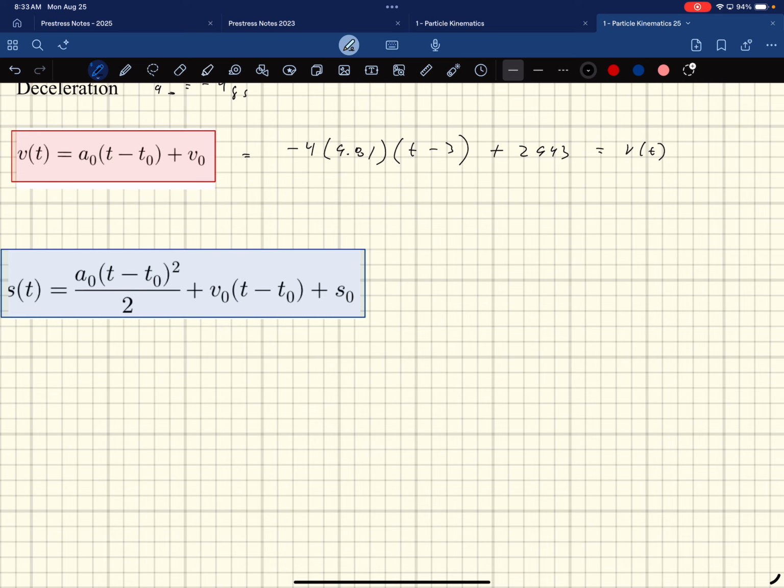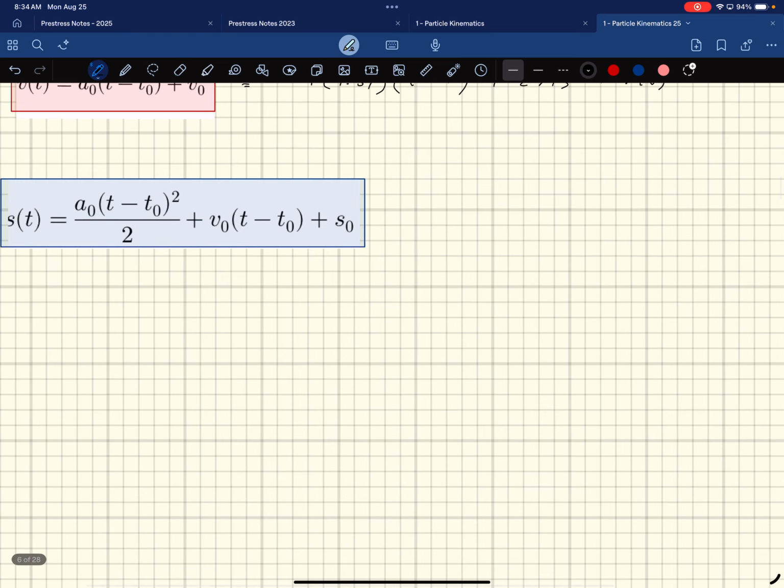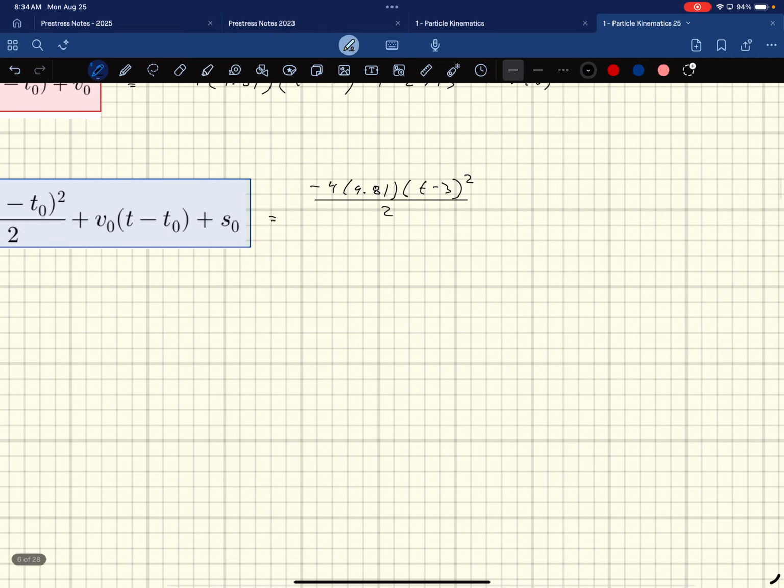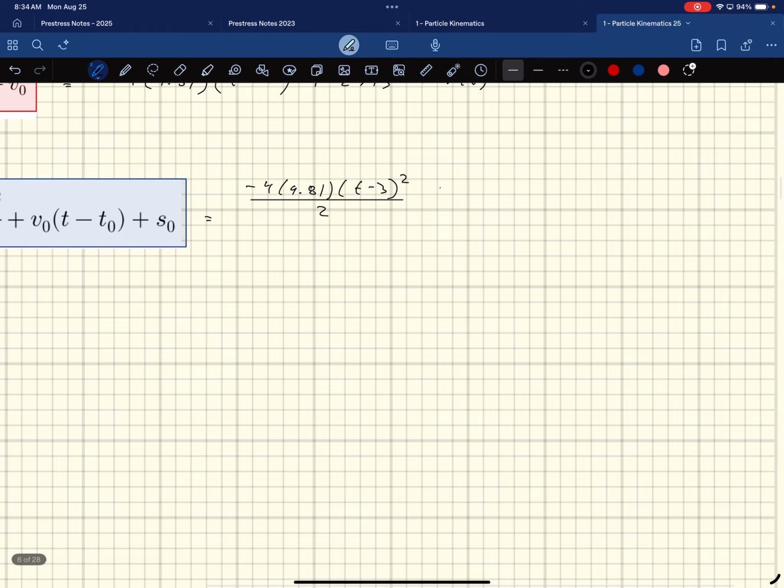Okay, now we come down to the next one. Right, same deal. Just plug in all of our known variables, which you know everything at this point. Negative 4 times 9.81 times (T minus 3 seconds) squared divided by 2, right? Plus V naught.